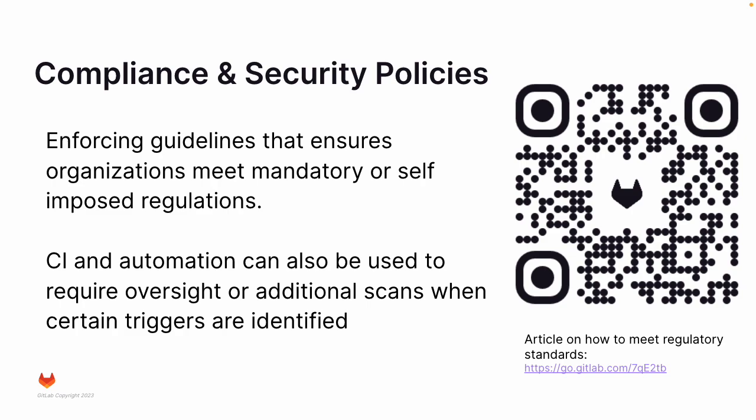Or suddenly we detected a license that was strange: the legal team must approve. Or we identified a new bug from somewhere: this particular group of people must approve. That way, the organization or project ensures that they are always meeting regulatory compliance.